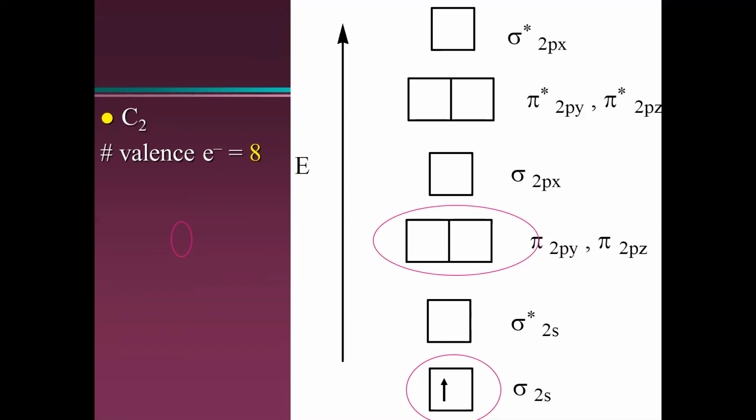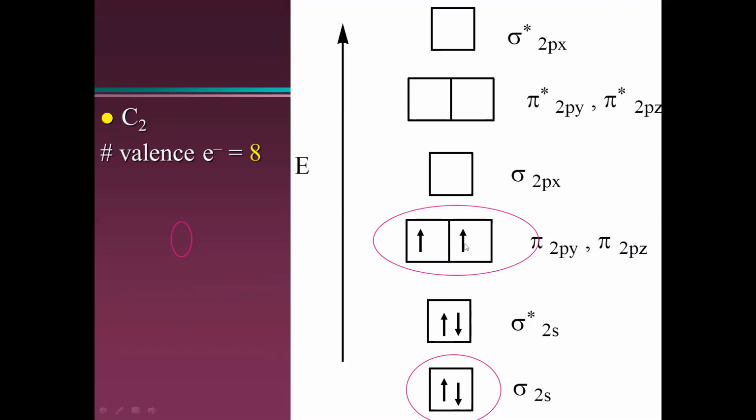Then we fill the electrons into the molecular orbitals according to the energy sequence. This is the lowest energy, and the energy increases here. So I fill 1 electron there, and 1 more electron here. I continue filling in electrons to the orbitals. Altogether we have 8. This is the rule we talked about.